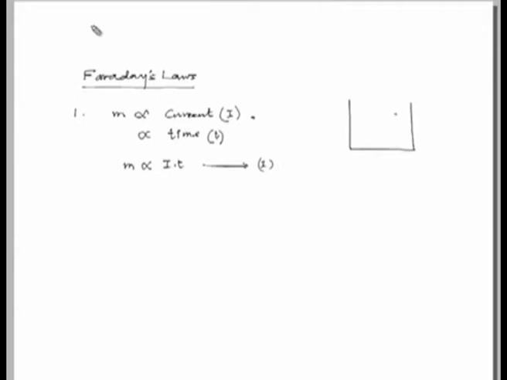This can be schematically represented in terms of one simple cell like this, which will be connected to a voltage source. This is the applied voltage, and this will be connected to the two terminals like this.